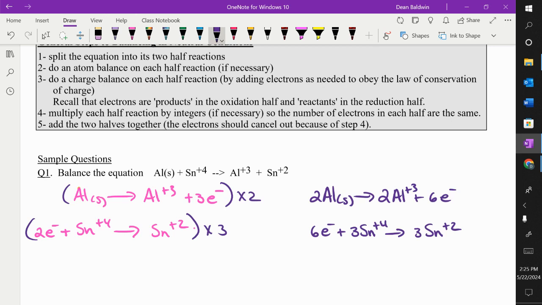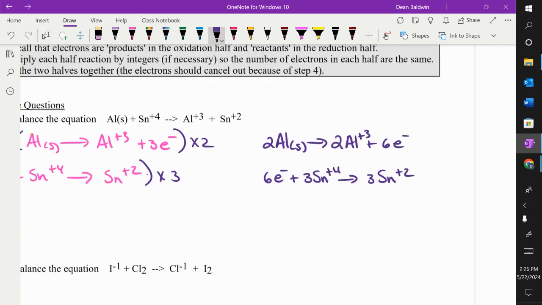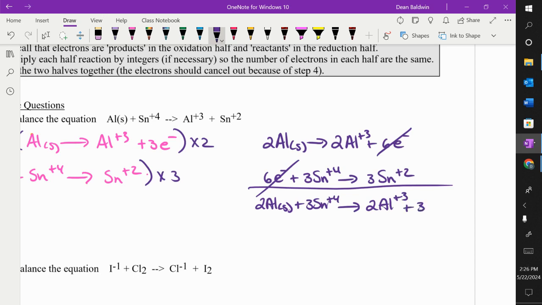Because now what we're going to do is just add the reactions together, just like in math when you're doing systems of equations. You literally add them together. So the electrons will disappear. And we get 2 aluminums plus 3 tin 4s goes to 2 aluminum plus 3 plus 3 tin 2. That is the balanced reaction.